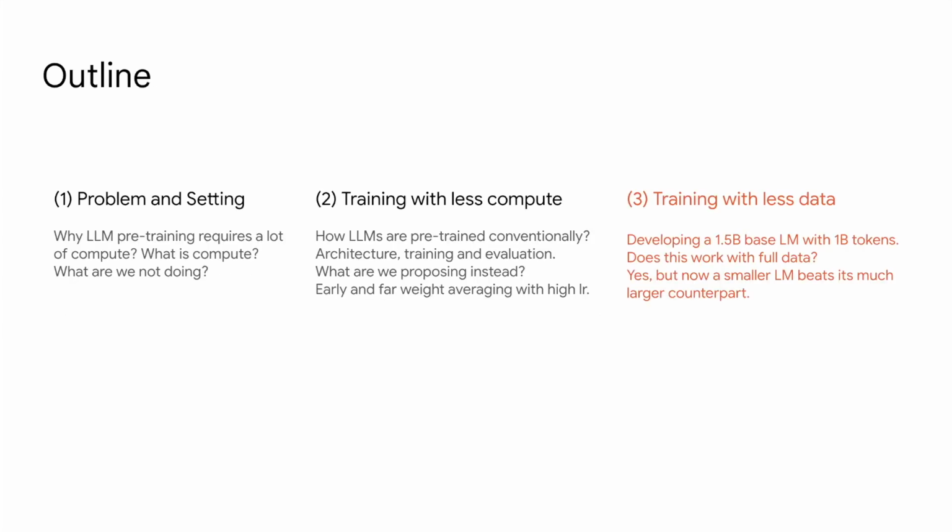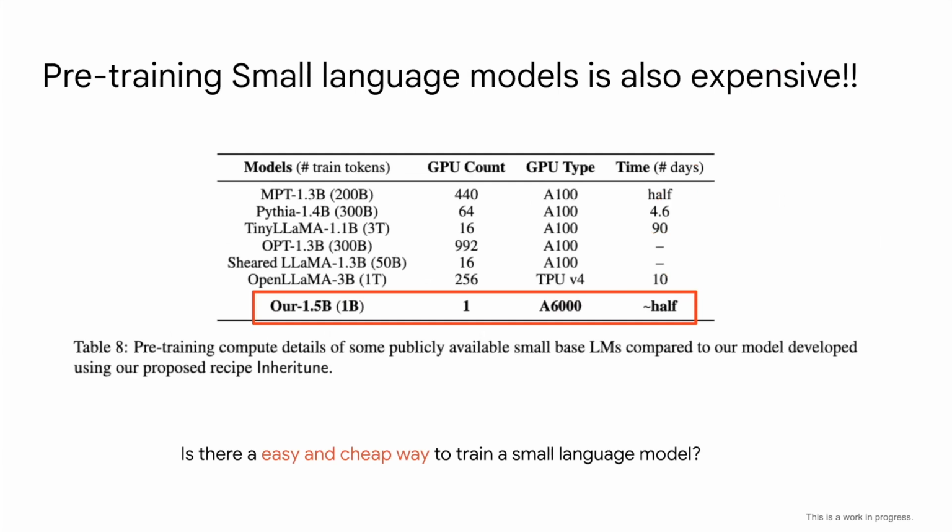Okay, now let's switch gears and talk about how to train small language models. So now we come to the section where we discuss how to train with less data, which anyway translates into compute, but the core idea is to train with less data. These are the baseline models which we have considered: the MPT, the Pythia, TinyLlama and other models.